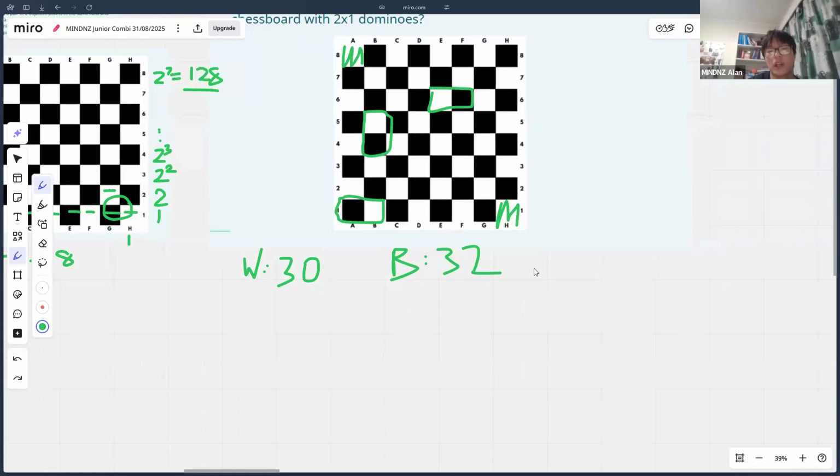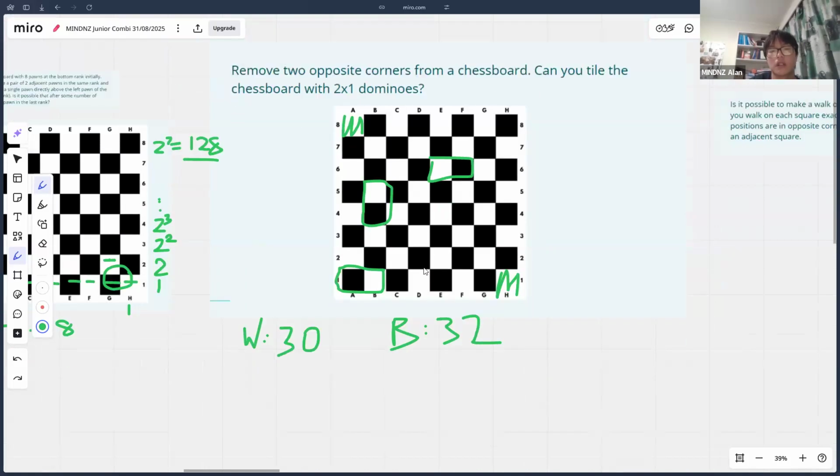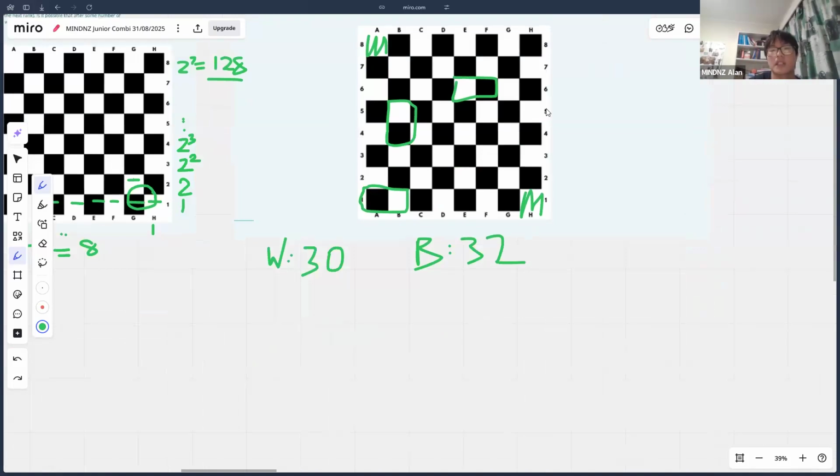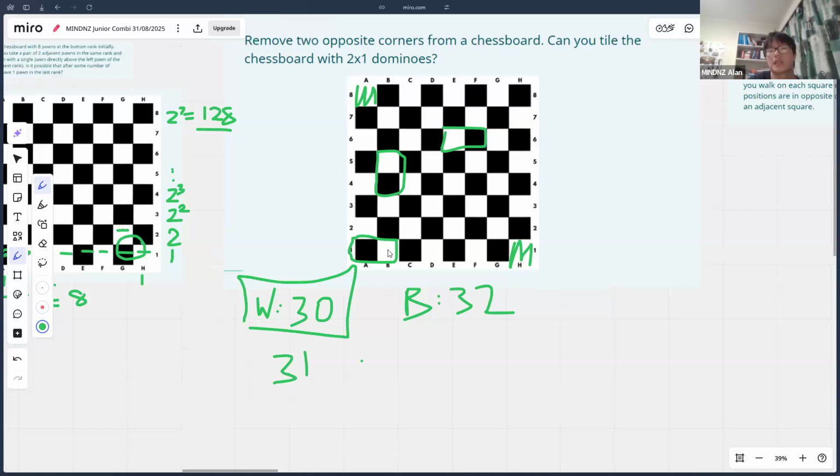To tile the whole chessboard, we'll need 31 dominoes, because each domino takes up 2 squares. But then that would require 31 white squares and 31 black squares. But we have 30 white squares, which is not enough to have 31 dominoes, since each domino must occupy 1 white square, right? Which means we can't tile the chessboard anymore.